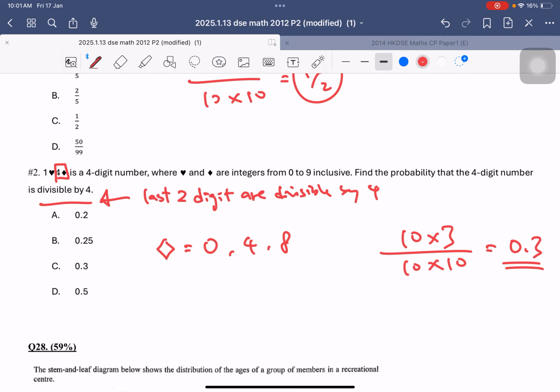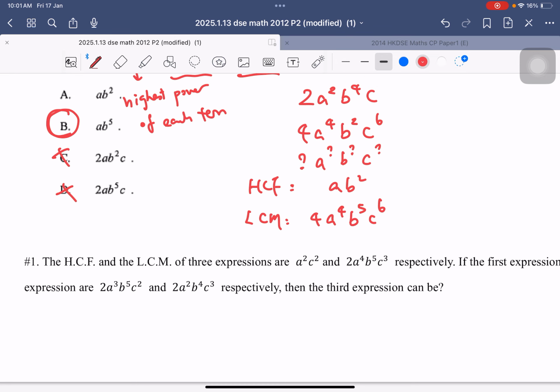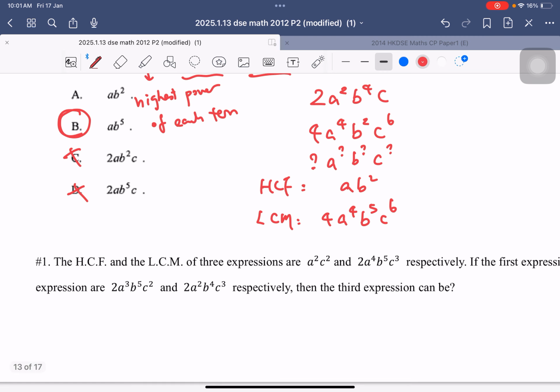So question 31. On this question only Abby got it correct. Okay, so let's have a look. It's a hard question actually, but let's give it a think.